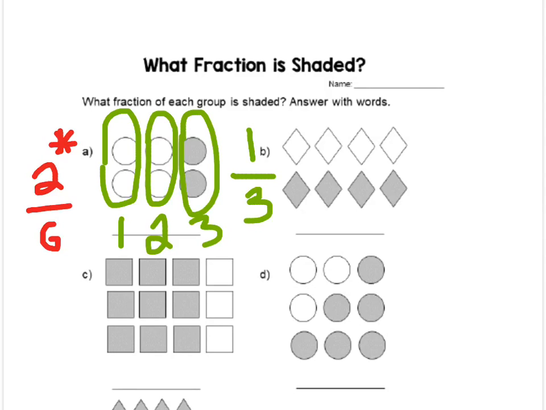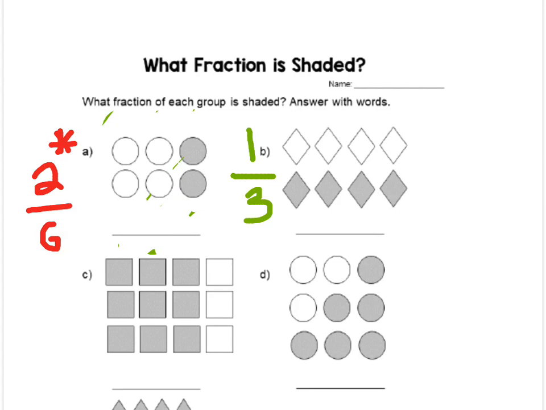So these are 2 ways that I can describe A. I can say that there are 2 dots colored out of a total of 6. Or I can say that there's 1 group colored and there are 3 groups of 2.